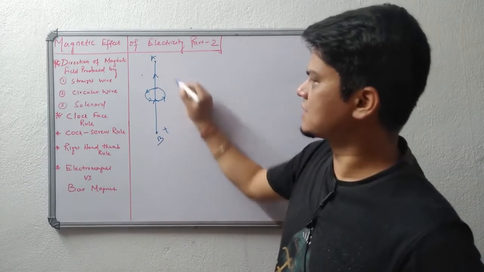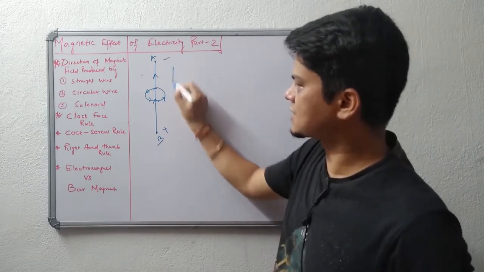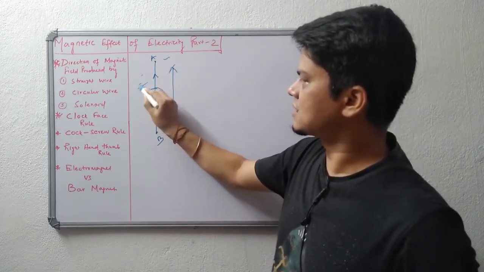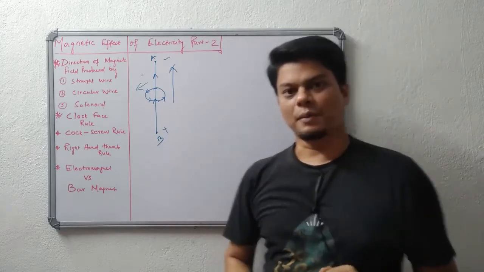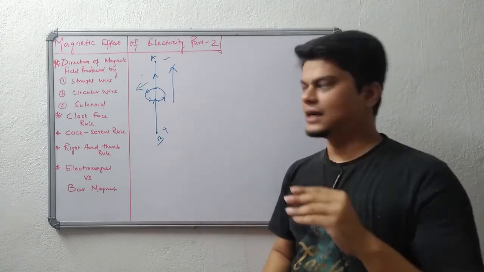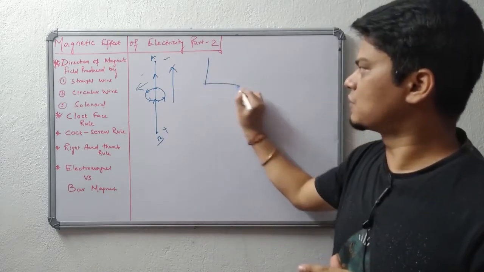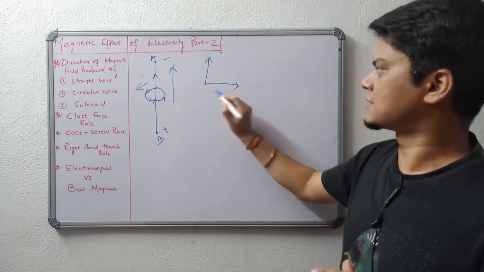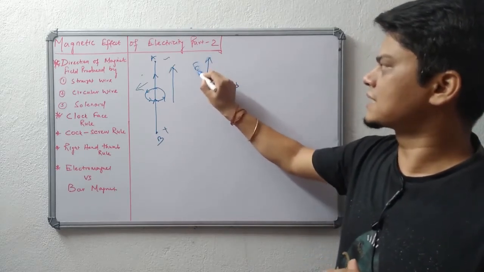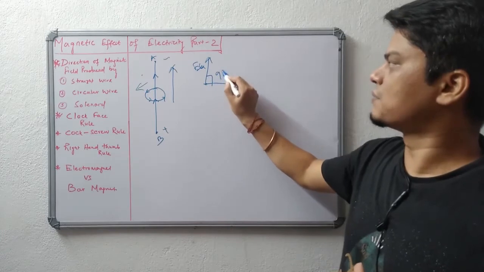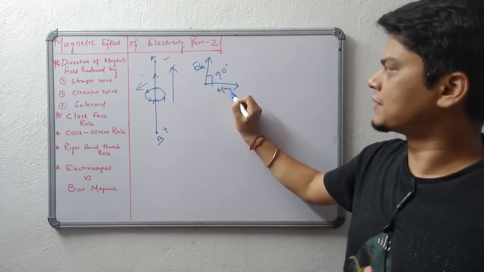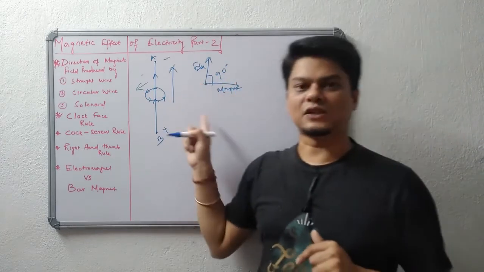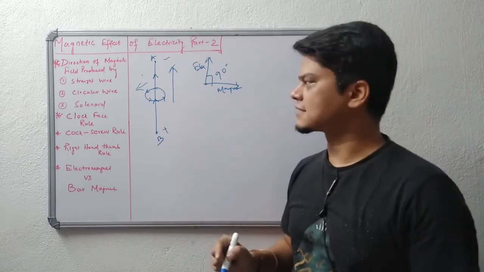This is positive, this is negative, so the direction of the current is this way and the magnetic field is this way. So guys, always remember, the magnetic field is always perpendicular to the current flowing across it. That means if the current is this way, the angle it makes with the magnetic field is 90 degrees. It is always true for all conditions.